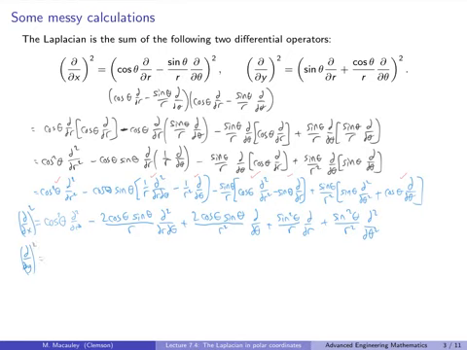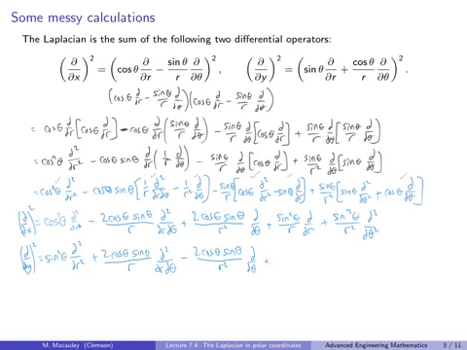So what you end up getting is sine squared of theta times d squared dr squared. You get a plus 2 cosine theta sine theta over r times d squared dr d theta. You get a minus 2 cosine theta sine theta over r squared d theta.